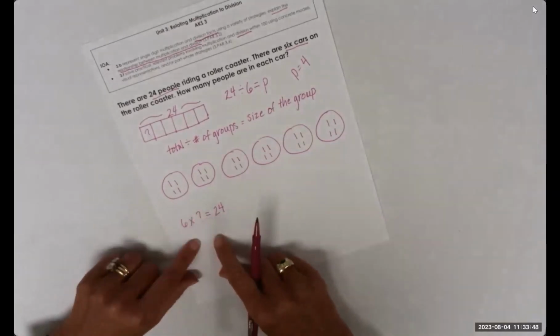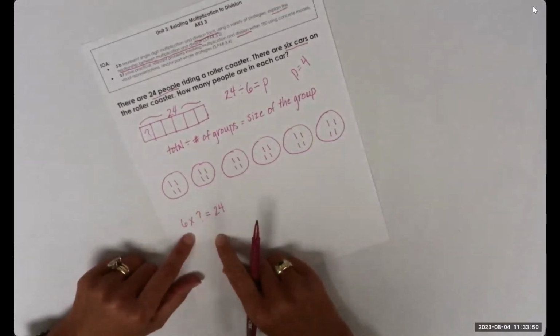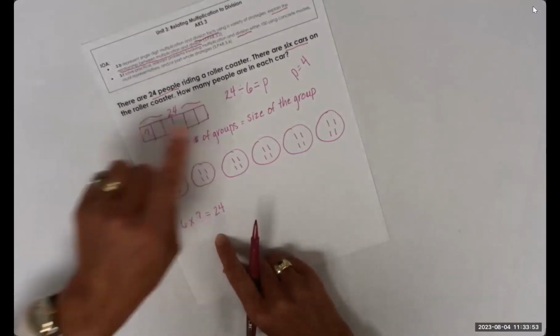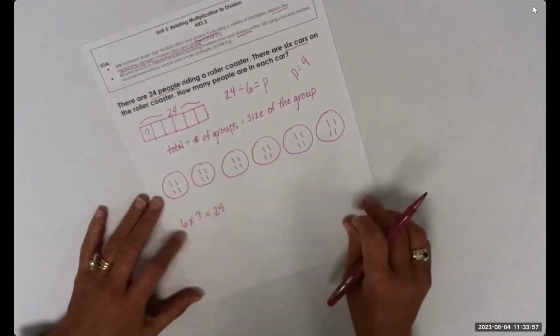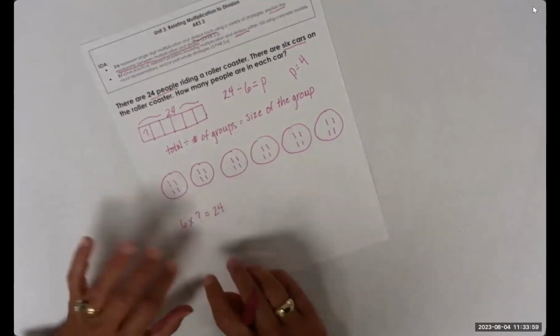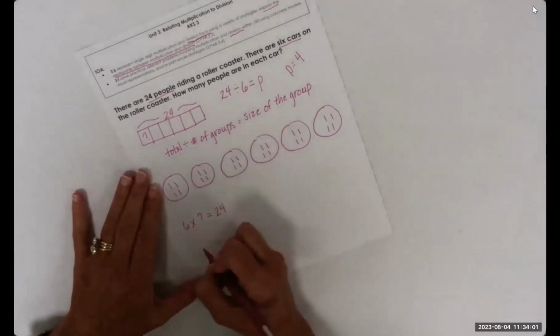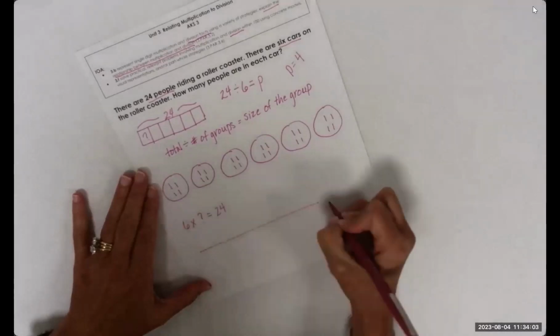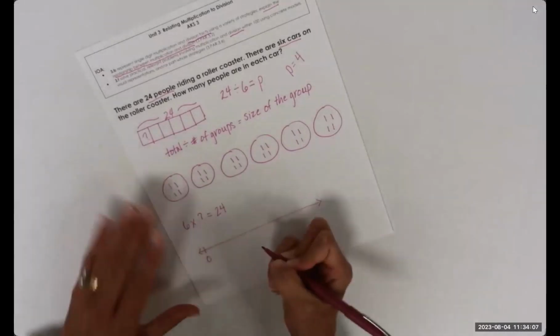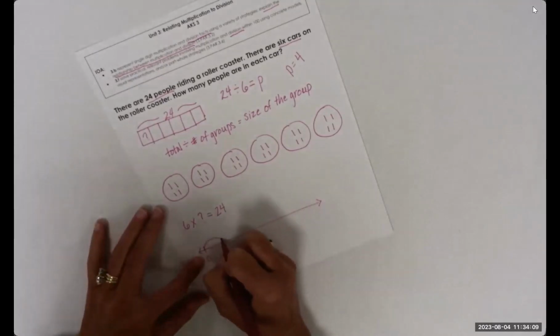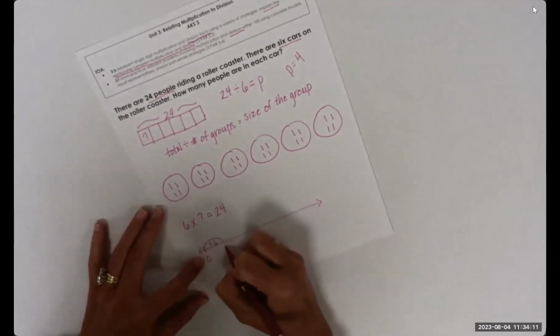Okay, so this is essentially what I'm solving. And to do that, since 6 is my divisor, I am going to count up on the number line by multiples of 6. All right, let's go ahead and do that here. I'm going to always start with 0. And then I'm going to make my first jump of 6, and I get 6.